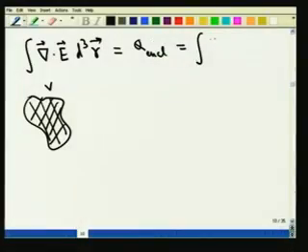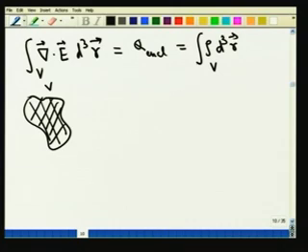But what is Q enclosed? The total charge contained in a given volume is nothing but the sum over all the charges, or for that matter, since we are considering continuous charge distributions, this is nothing but another volume integral, rho d cubed r, over the same volume. Please notice this.